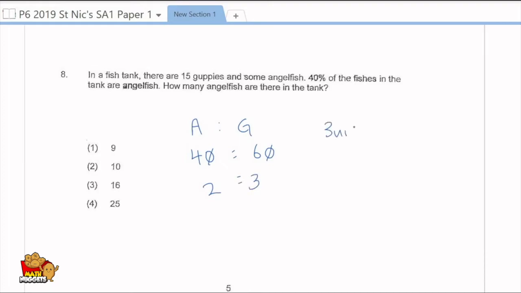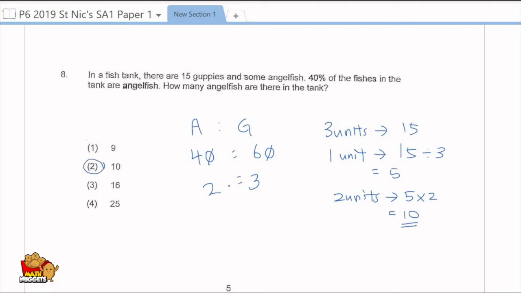So this tells me that 3 units will be the guppies, which is 15. So in order to find the angelfish, it will be 2 units. 10 angelfish. Option 2.